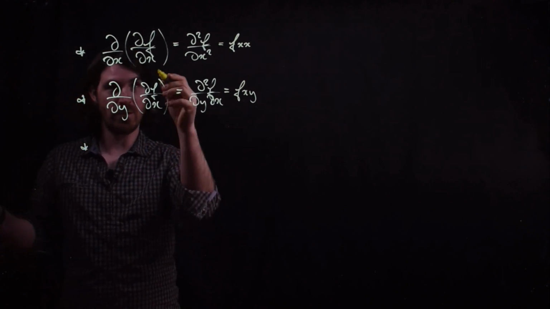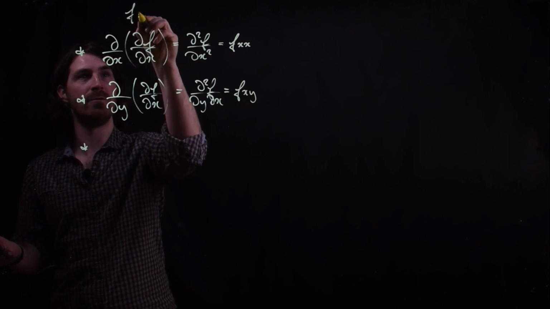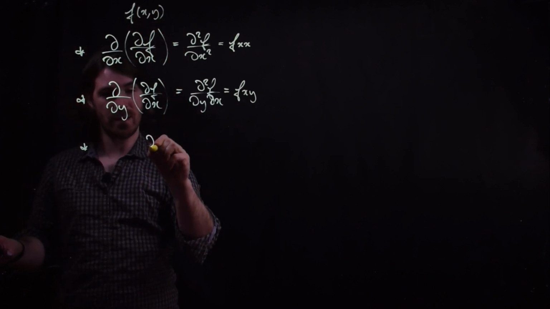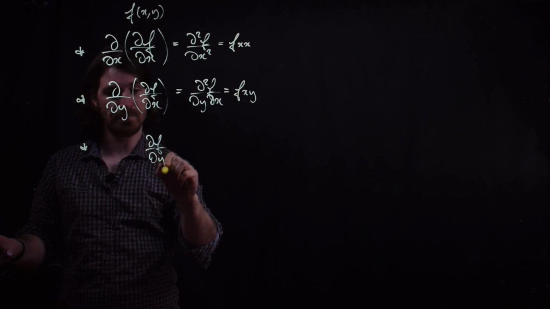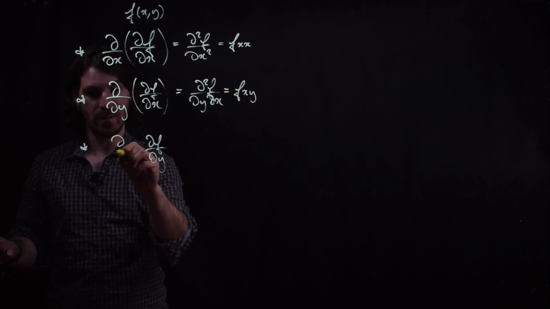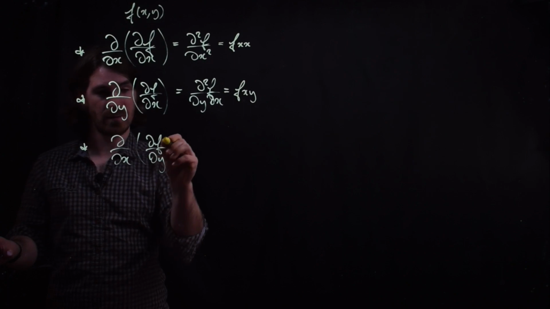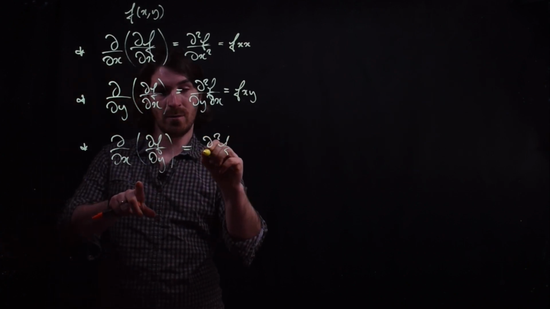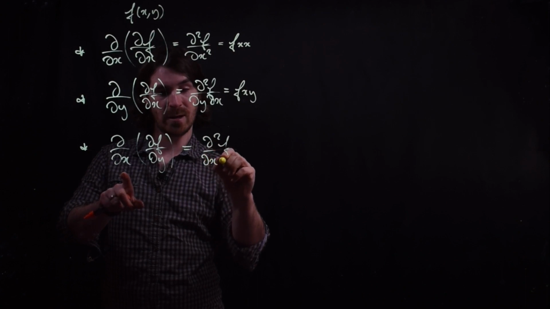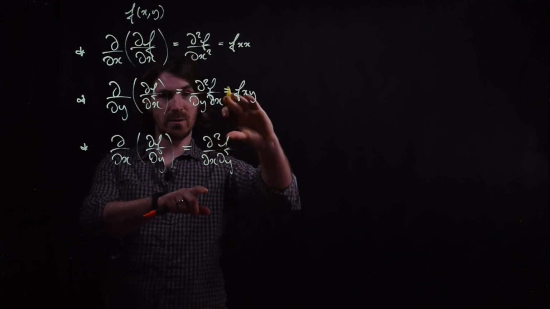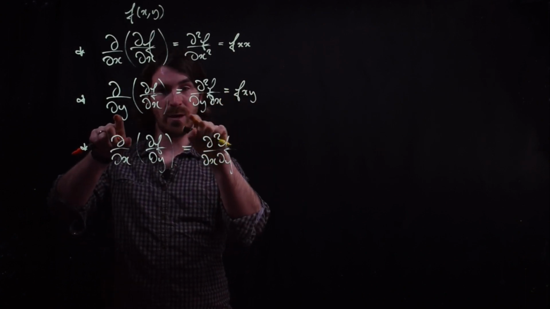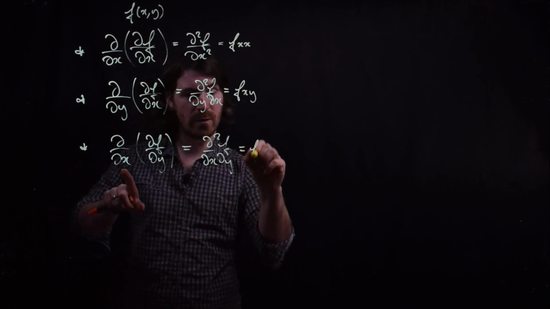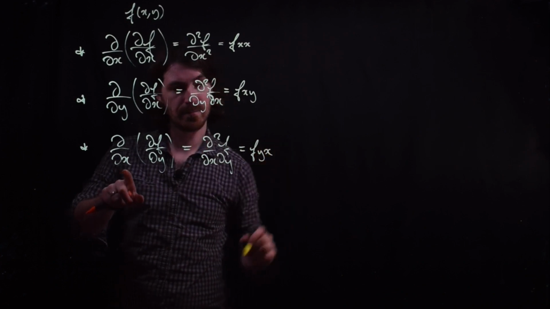Similarly, if it's a function of two variables, f of x and y, then we have df by dy, and we can do d by dx of that, and that will be d2f by, this time, dx dy. Notice the difference in the order: this is yx, this is xy, and we call this fyx.